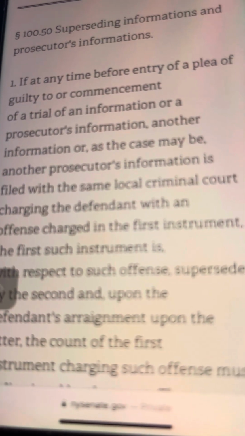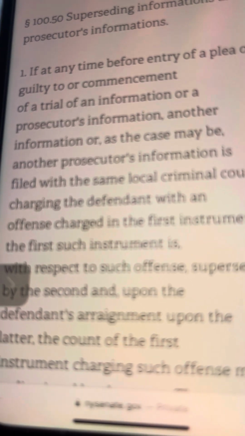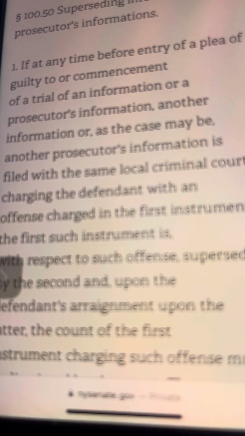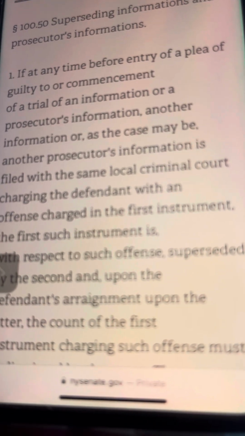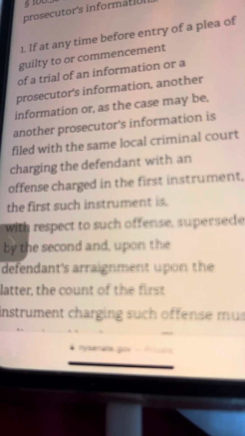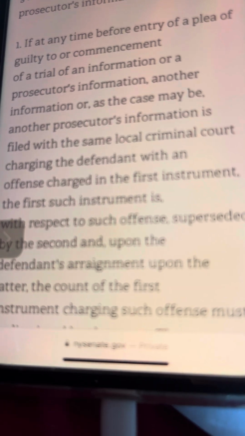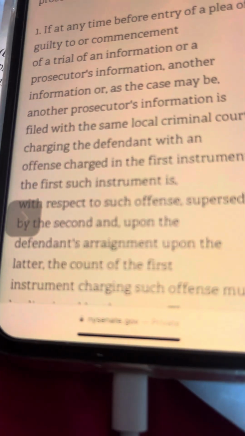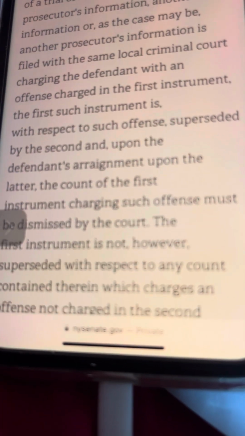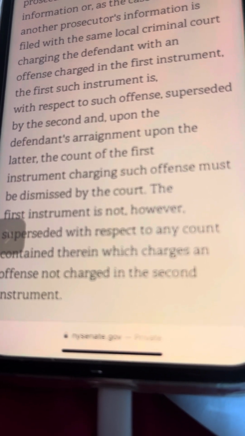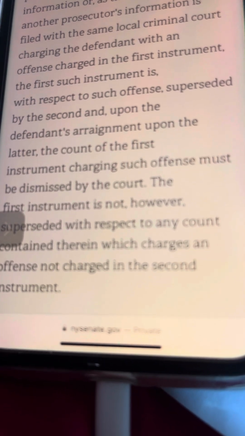If any time before entry of a plea of guilty to or commencement of a trial of an information or prosecutor's information, another information, or as the case may be, another prosecutor's information is filed with the same local criminal court charging the defendant with an offense charged in the first instrument, the first such instrument is with respect to such offense superseded by the second, and upon the defendant's arraignment upon the latter, the count of the first instrument charging such offense must be dismissed by the court.